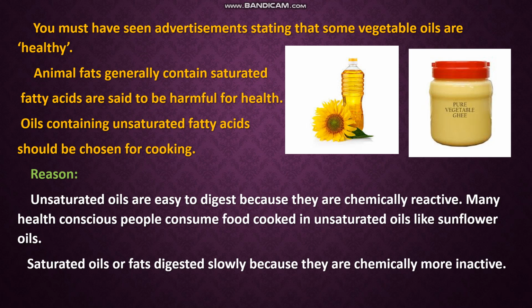Unsaturated oils are easy to digest because they are more reactive, so unsaturated oils like sunflower oil, cottonseed oil, etc. we have to use for cooking. Saturated fats, as they are saturated, are chemically inactive, so they will not get digested easily. So health conscious people always suggest unsaturated oils like sunflower oil.